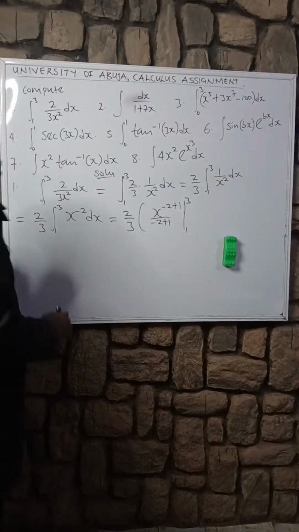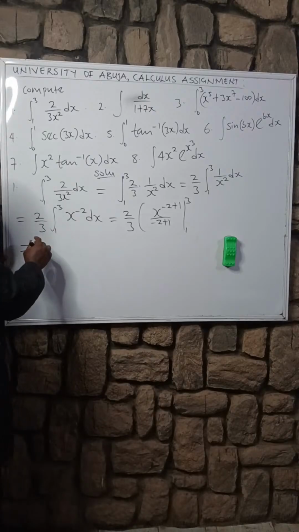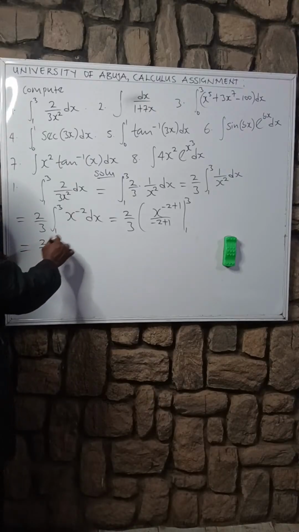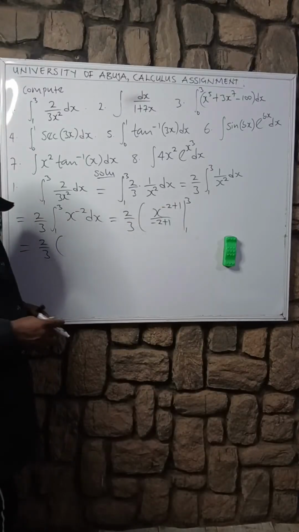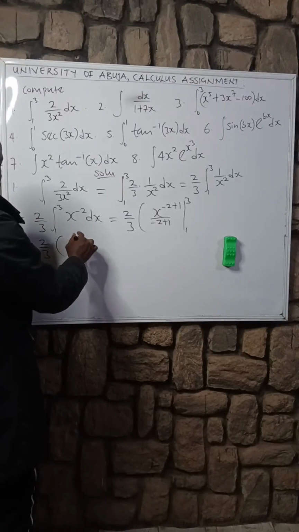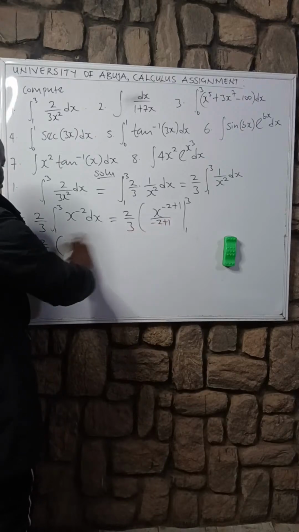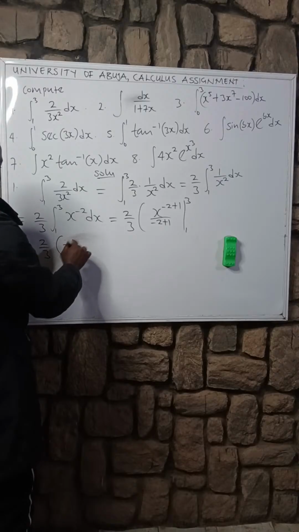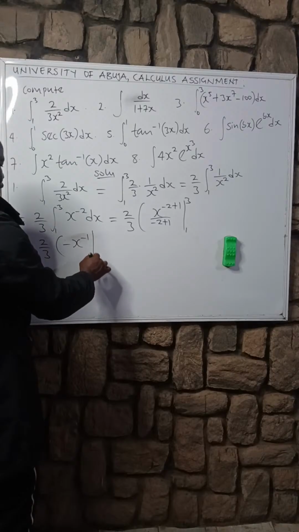Are you seeing now? So this implies that this will now be 2 all over 3, open brackets, minus 2 plus 1 is minus 1. So here will now be x raised to minus 1, all over minus 1, so let's write it this way, minus x raised to the power of 1, then 1 running towards 3.